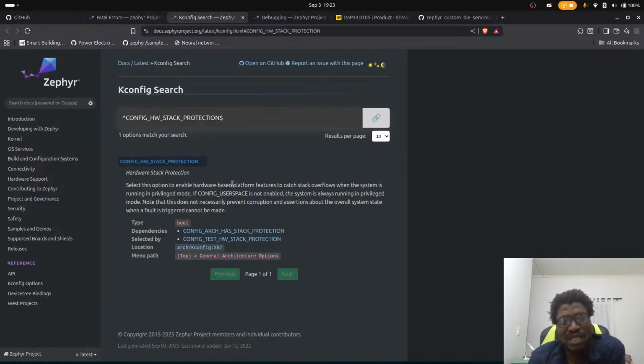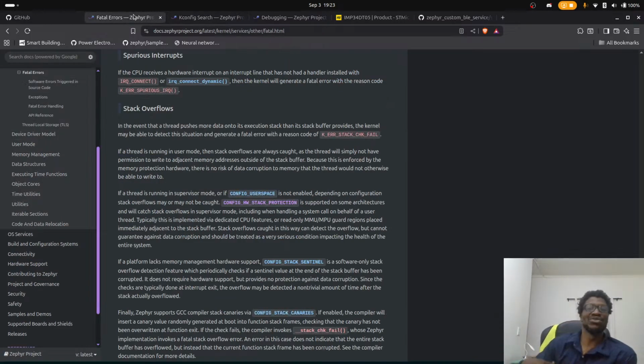Select this option to enable the hardware-based platform features to catch stack overflows when the system is running in privilege mode. So you can use this for threads that are not in user mode. Threads that are in supervisor mode or OS mode or kernel mode, however you call them.